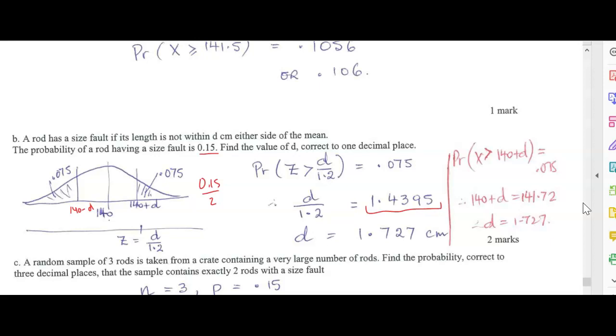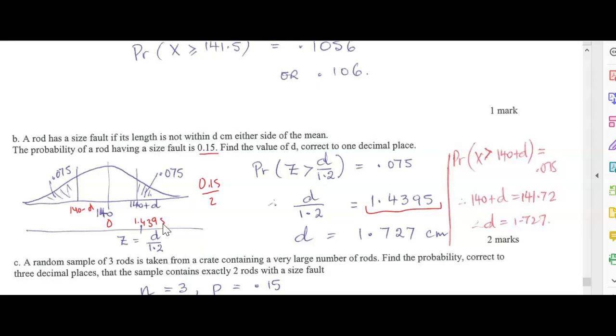So basically, if we thought this was a standard normal, 140 is 0, and then here at 140 plus d is 1.4395. So that's our Z score.